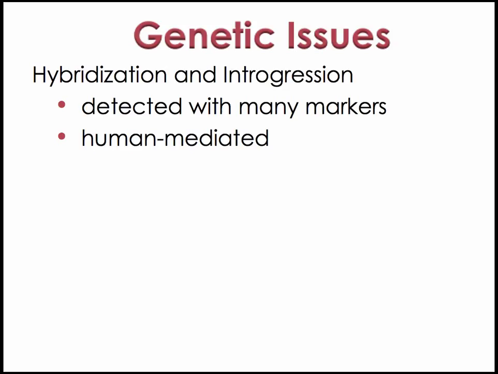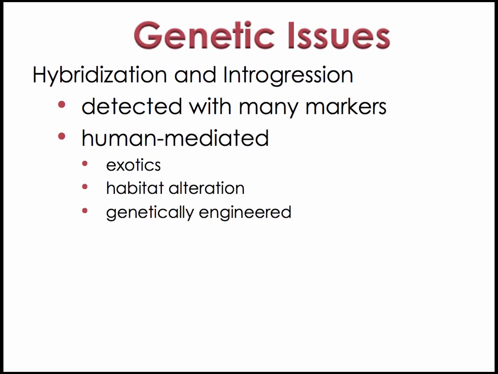When we think about hybridization and introgression, a lot of times this is actually human mediated. For example, humans introduce exotic species and then they end up hybridizing, or humans alter habitats. Maybe if we think about marshes, where they add ditches and change the salinity, that can actually increase hybridization.